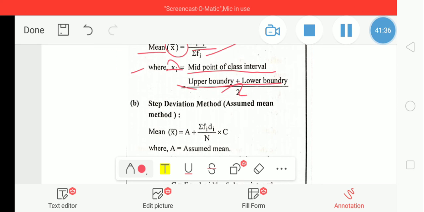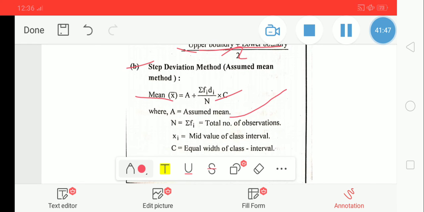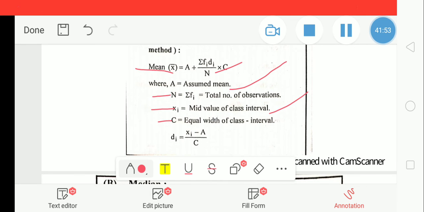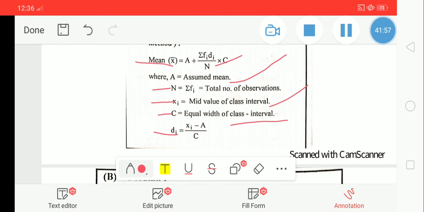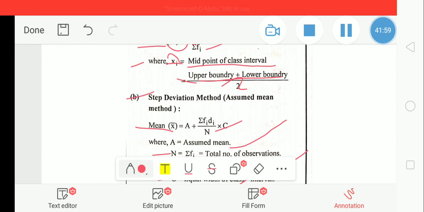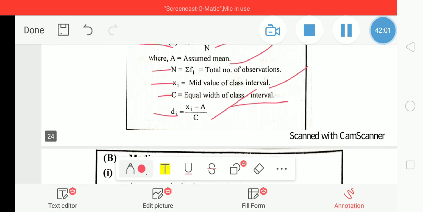Then finding the mean. And step deviation method, x bar is equal to a plus summation of fi di divided by n, multiplied by c. A is the assumed mean, n is the summation of fi, means total number of observations, xi is the mid value of class interval, and c is the equal width of class interval. And we know that di is xi minus a divided by c. In this way we are finding the mean.